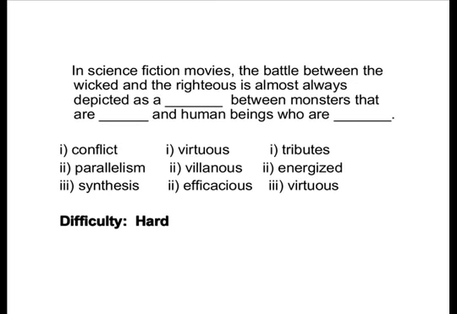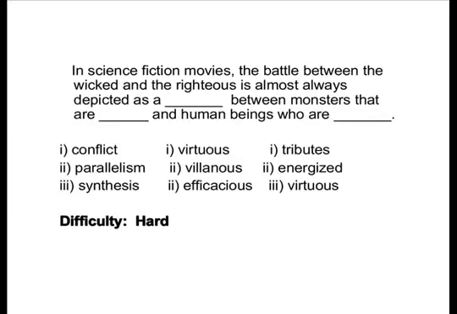Here we go with another difficult one. Hit pause. In science fiction movies, the battle between the wicked and the righteous is almost always depicted as a blank between monsters that are blank and human beings who are blank. Three words here. Now we have a big clue, and sometimes longer sentences give you more clues. Notice that we read between the wicked and the righteous.